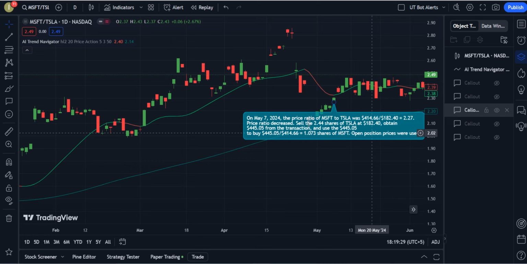the 2.44 shares of Tesla stock that we had purchased earlier, and we would sell that at a price of $182.40 per share, and we would obtain $445.05 from that transaction, because it's 2.44 times $182.40, which would be $445.05.